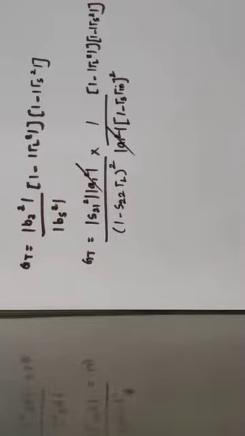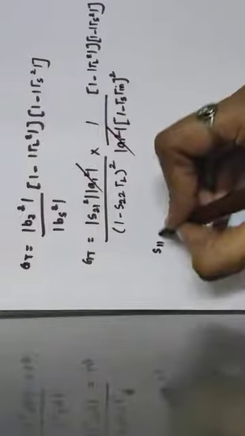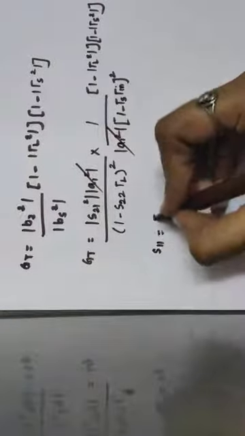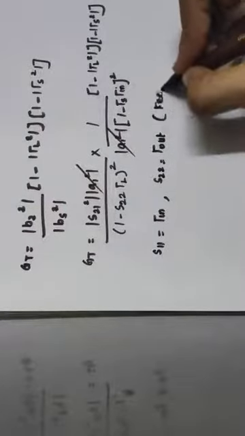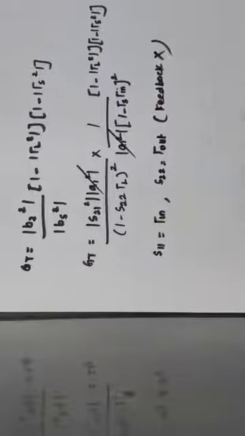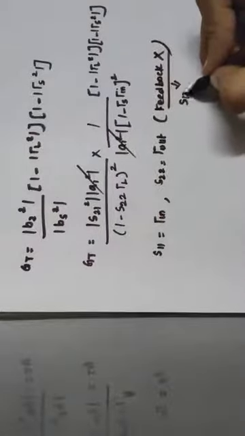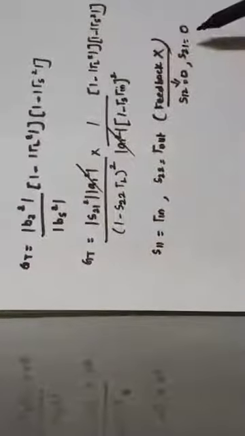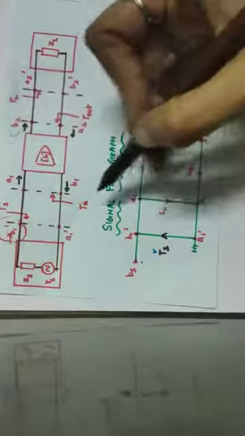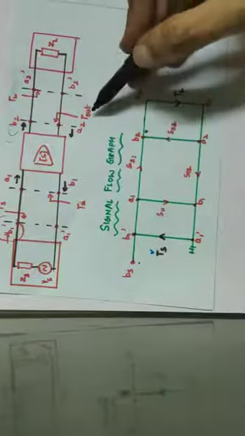When we consider RF networks, S11 is almost similar to your input reflection coefficient and S22 is almost similar to your output reflection coefficient. This holds true when feedback is not present. Feedback means when S12 is not equal to 0. When S12 and S21 are 0, when there is no reflection between the amplifier ports, we can equate S11 to the input reflection coefficient Γ_in, and S22 can be equal to Γ_out.